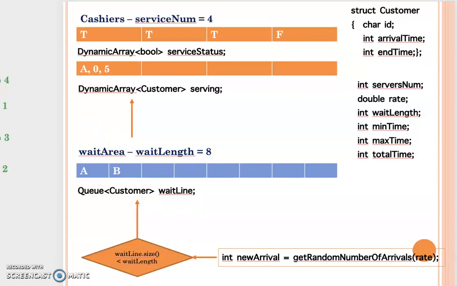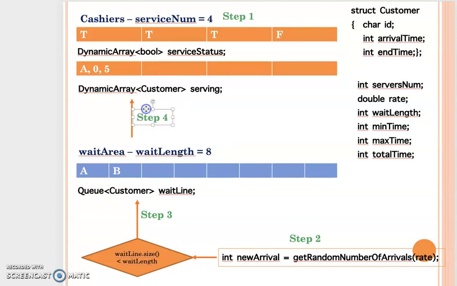So now you will see here from the picture I showed you earlier. That's why your step 1 is to update your cashier service status. Then if the time is not equal to the total time, we need to get the new arrival. Then with the new arrival, we check whether we have space in the waiting line to push the new arrival into the waiting line as a customer with the customer information ID.